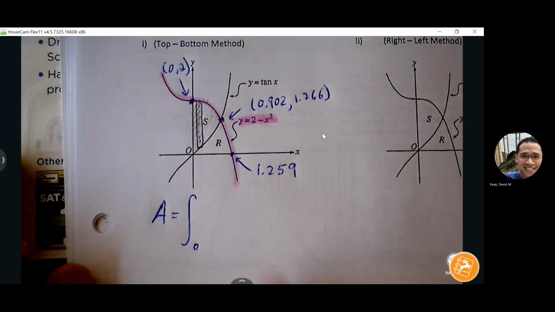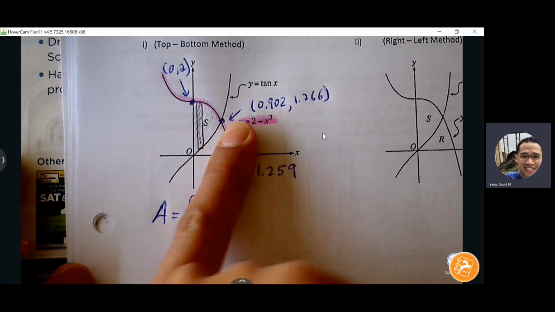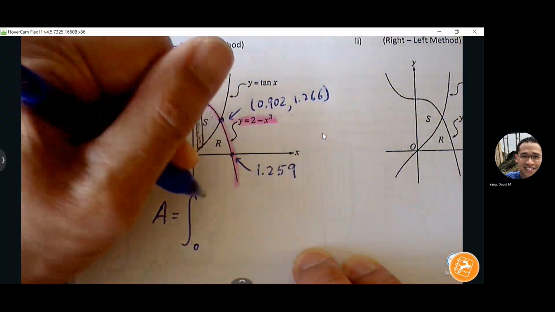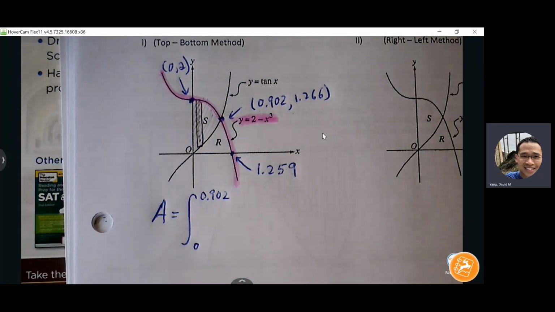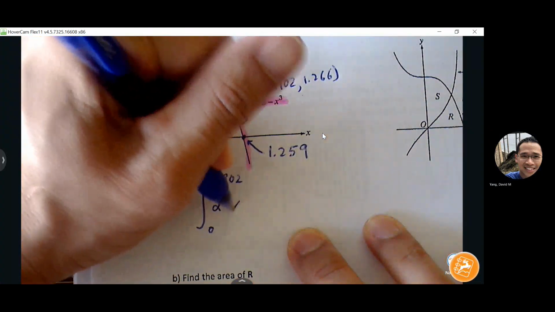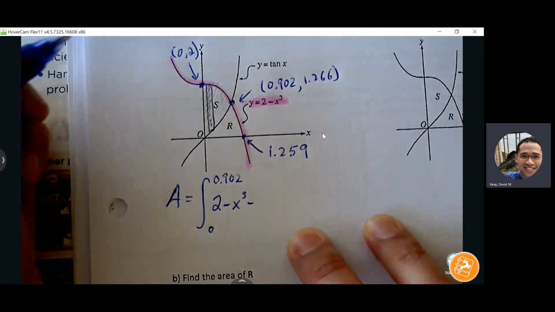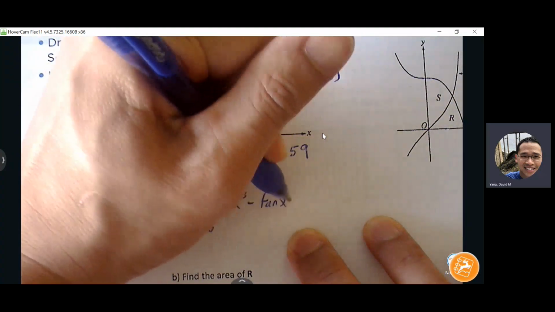We don't want to use the 1.259 because that's not part of region S. Region S only goes as far as 0.902. We pick the top graph and then minus the bottom graph. What's the top graph? Yeah, 2 minus x cubed, minus the bottom graph, which is tangent x.